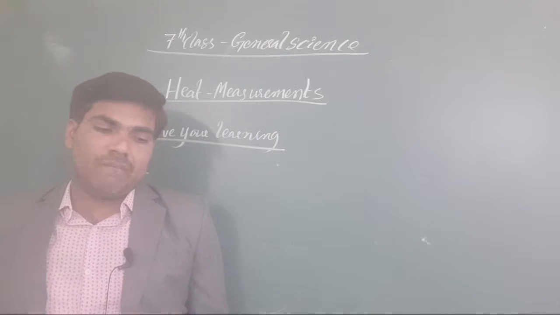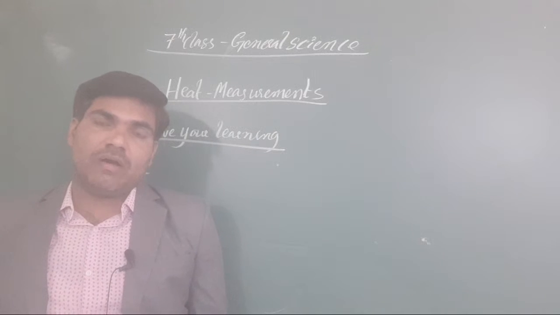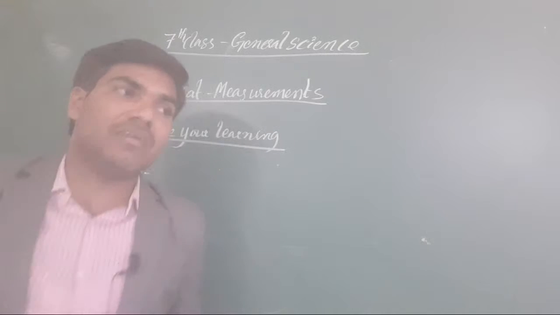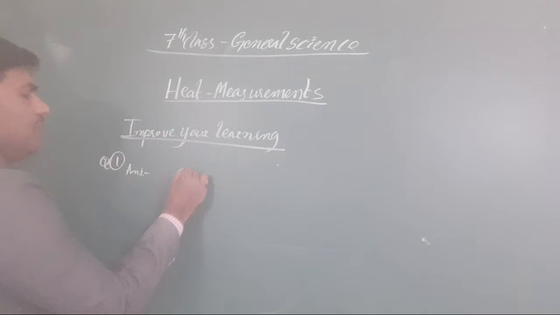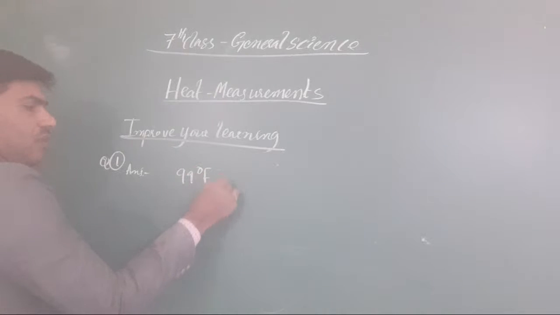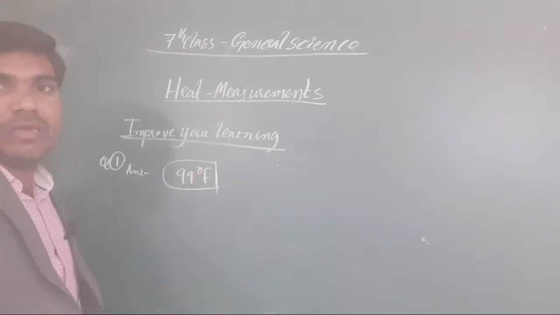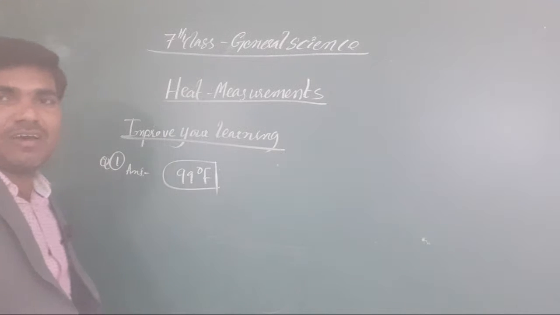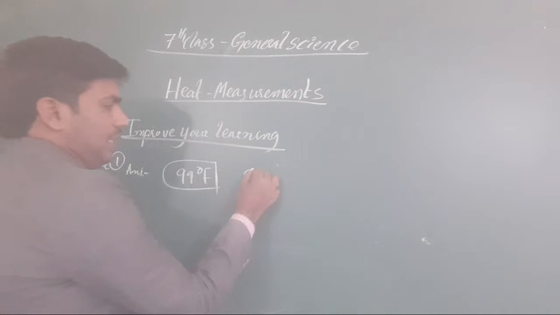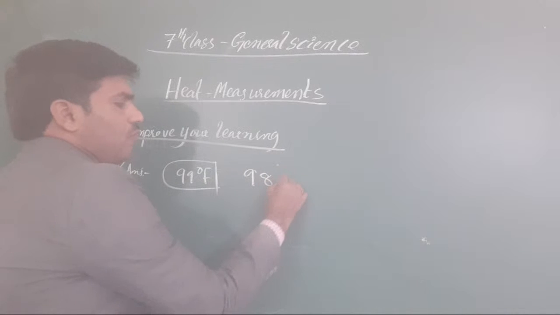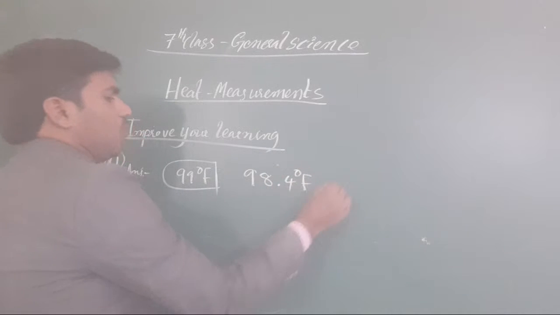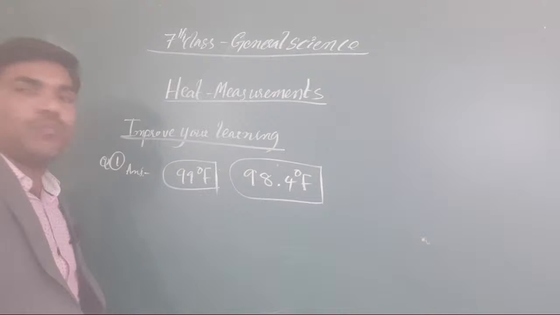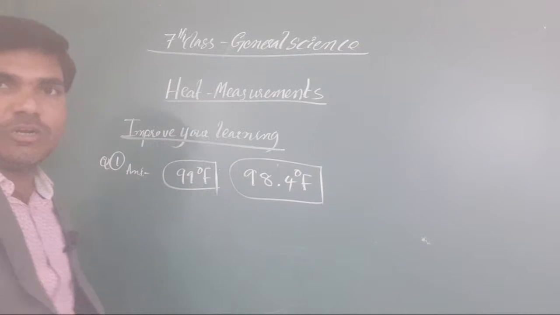The body temperature of a particular human body is 99 degrees Fahrenheit. What is the general temperature? Actually, the regular, otherwise normal, temperature for human bodies is 98.4 degrees Fahrenheit only.